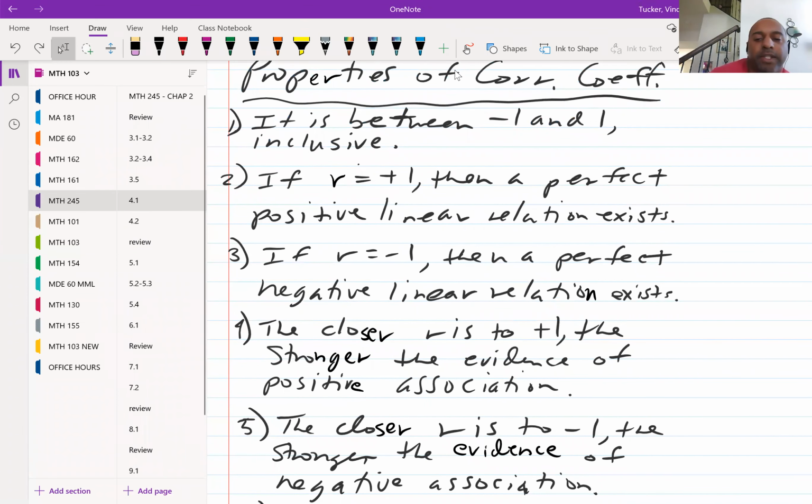So the closer R is to positive one, the stronger the evidence of a positive association. The closer R is to negative one, the stronger the evidence of a negative association.